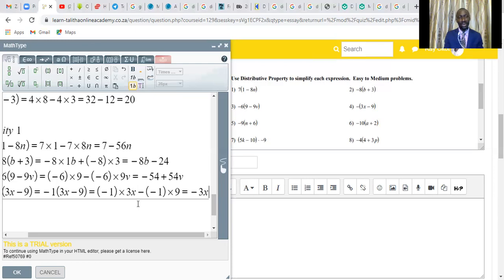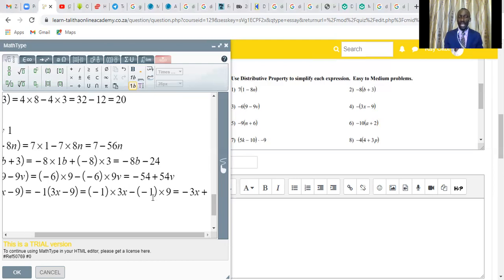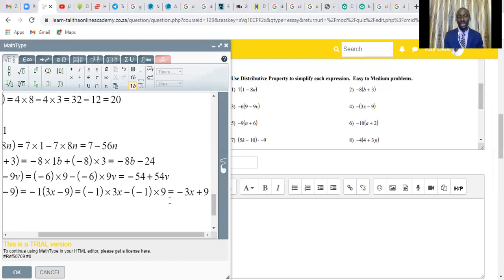Notice that when we multiply a negative times a negative, we get a positive. Then we want to distribute a 1 onto a 9. We are now done with this sign. So 1 times 9 is 9. And this becomes the solution.